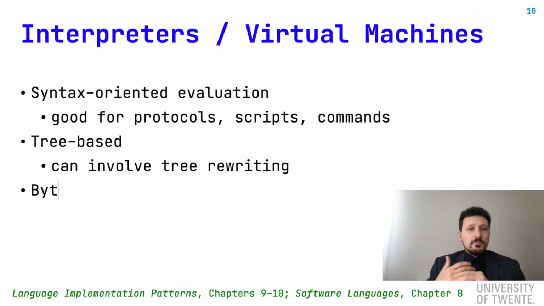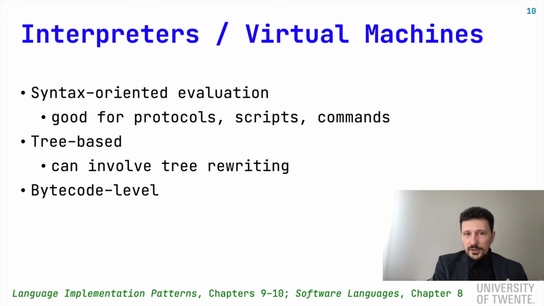And finally, you can have bytecode level interpretation, which basically means that in your compiler itself, you just express the AST that you have, or some intermediate representation that you have, in a form of bytecode commands. And then when you want to actually execute them, then you interpret them. So then you're basically building a compiler, a translator from that tree or from that language, whatever you had back then, into some fake imaginary bytecode that you will be executing as well.